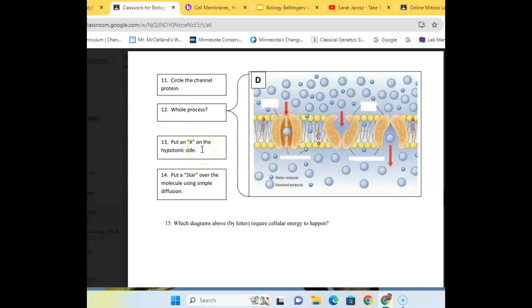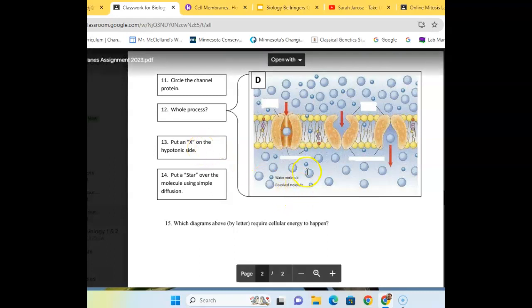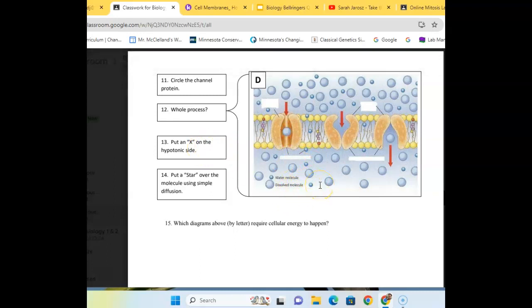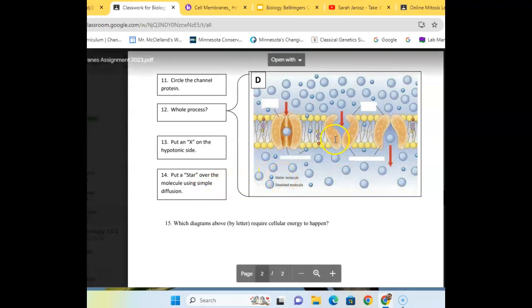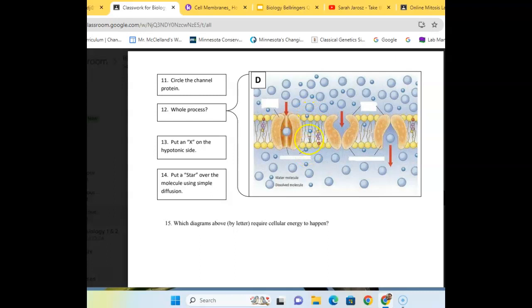The hypotonic side means the less concentrated side, so the X would go here, and a star over the molecule using simple diffusion. If you look, the water molecules are going through or between the phospholipids, so they can diffuse between, and so the water molecules are going through simple diffusion.